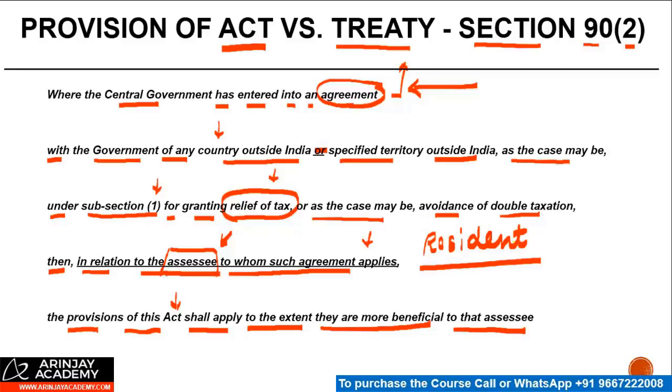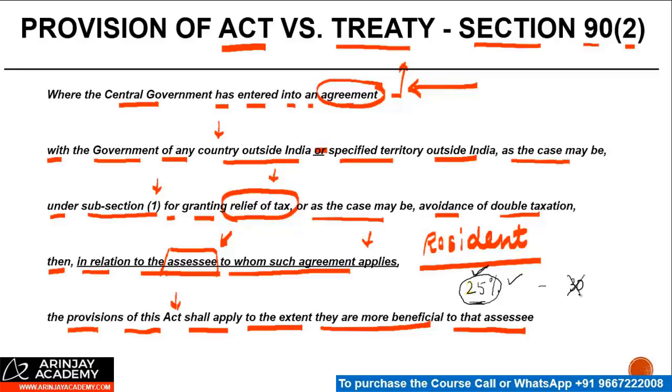Now I'll give you an example that will cover this. Let's say, for example, the withholding tax under the treaty is 25%, right? And under the Act is 30%. I'm just giving an example. In such a case, the provision of the treaty which provides for a withholding tax of 25% is more beneficial, and the assessee can opt for such provision.